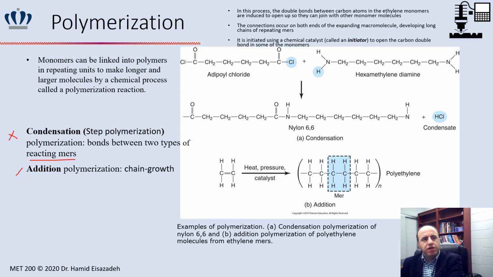But here we have addition, where the molecule is going to be the same, and the connection occurs at both ends of the molecule, until you get a long chain. One example is polyethylene, which is a product of connecting several ethylenes together.